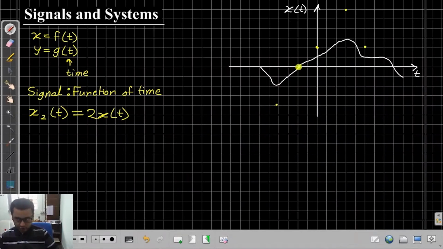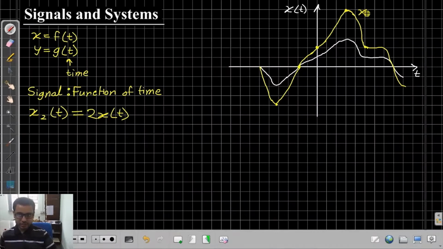Now you may join all these points together. And this is how x2 of t will look like.